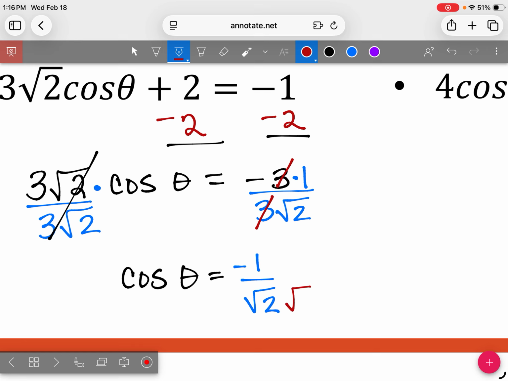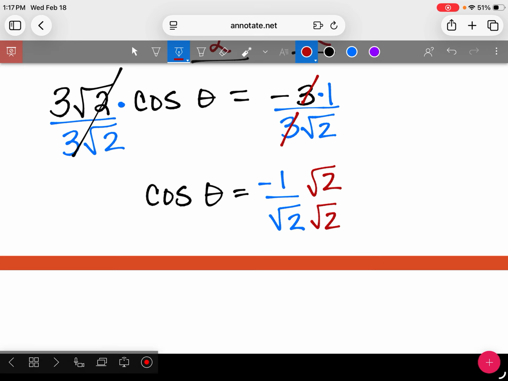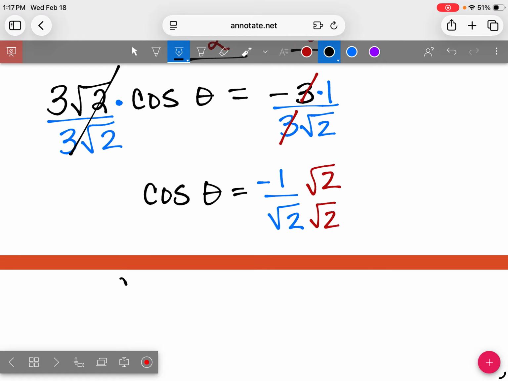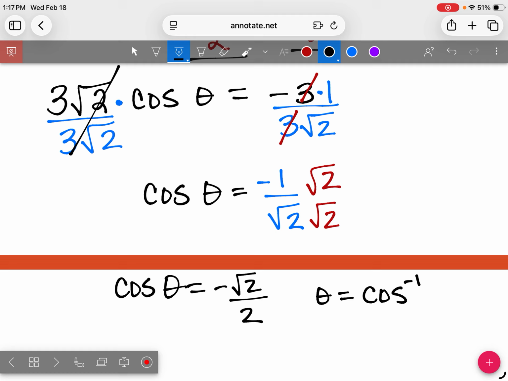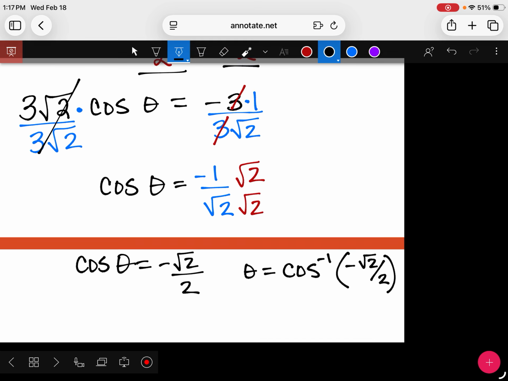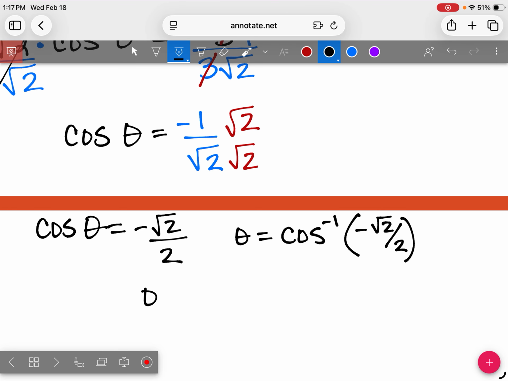And after you rationalize that, we get that the cosine is equal to -root 2 over 2. So I'm looking for all of the angles. There should be 2 that have a cosine value of -square root of 2 over 2.